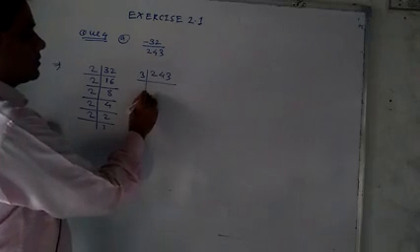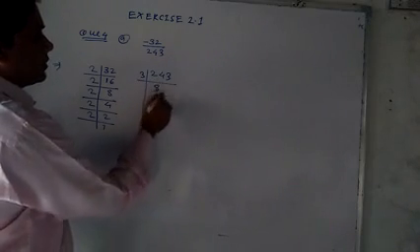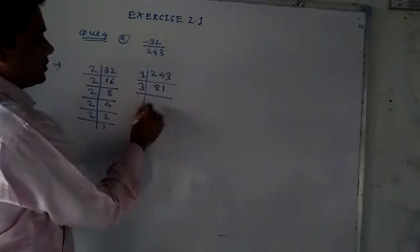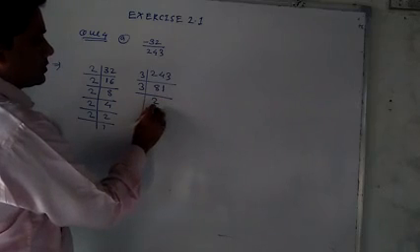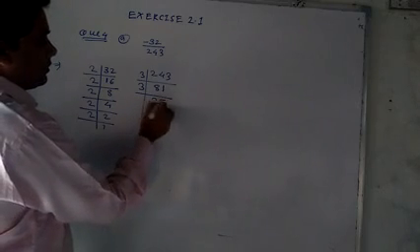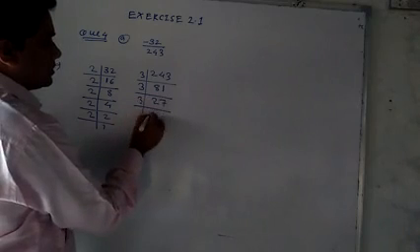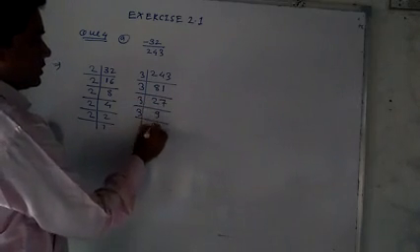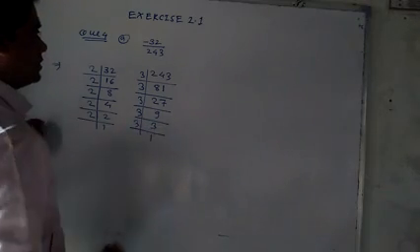3 8s are 24, 3 1s are 3, again 3 2s are 6, 3 7s are 21, again 3 9s are 27, 3 3s are 9 and 3 1s are 3.